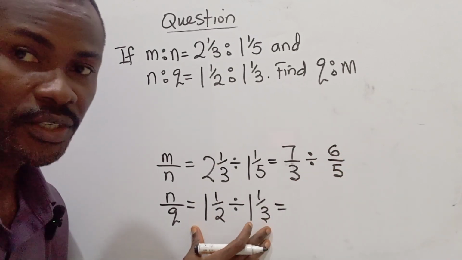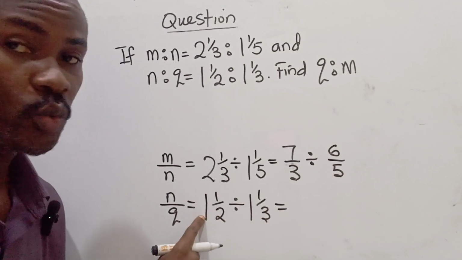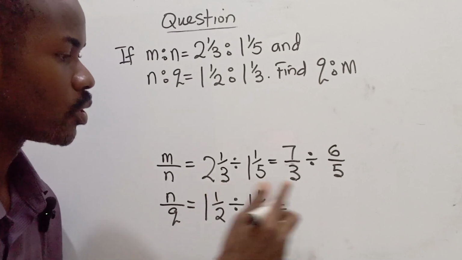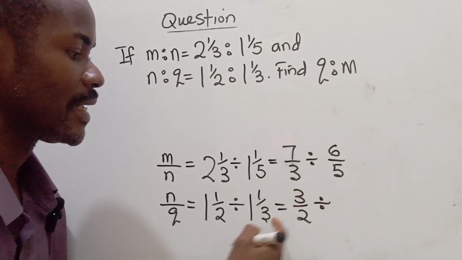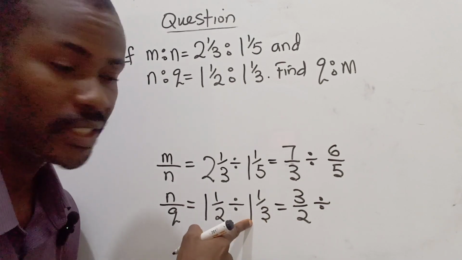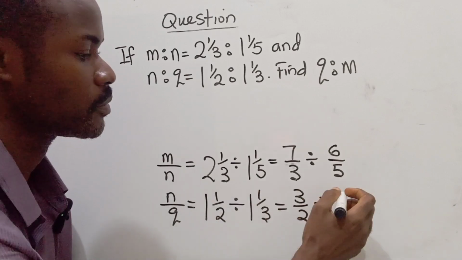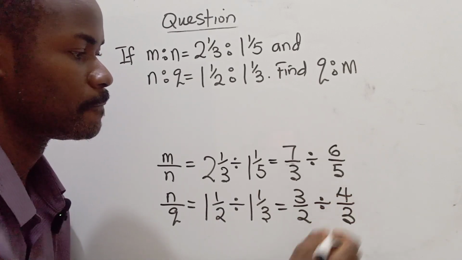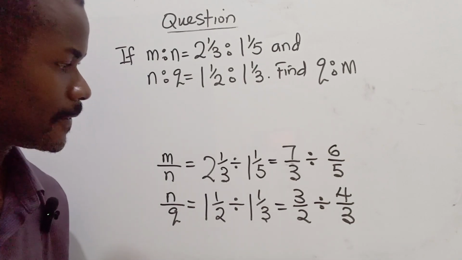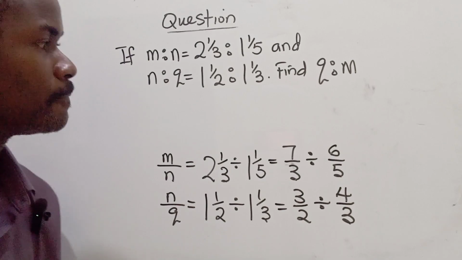We're going to do the same here. So 2 times 1 is 2 plus 1 is 3 over 2. We'll be dividing 3 times 1 is 3 plus 1 is 4 over 3. So having gotten that, we can now proceed.